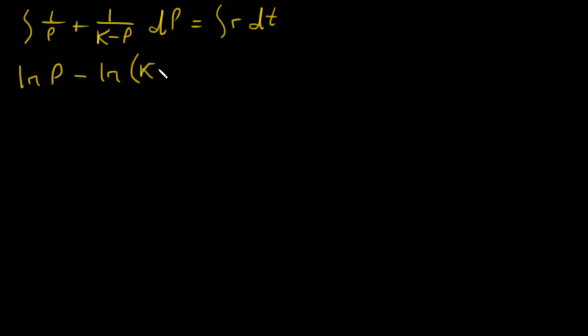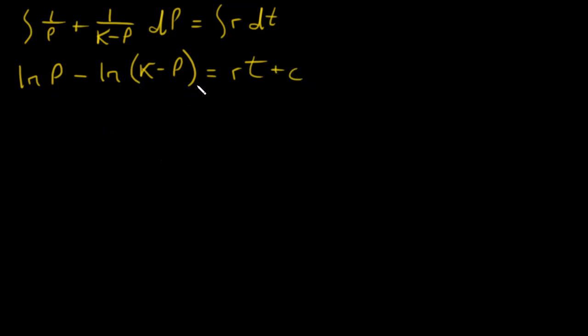I was wondering why I had that in my notes, but that's exactly right, since it's a negative p right here. And so the du up on top would be a negative 1. So that's why I had that negative right here. Okay, so natural log of p minus natural log of k minus p is equal to, over here we're going to get our very familiar rt plus c.